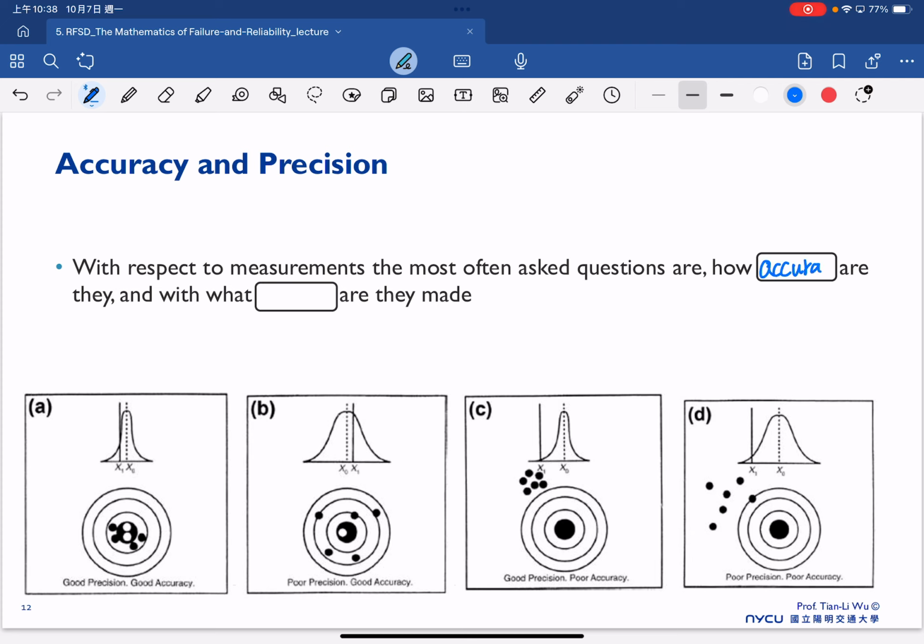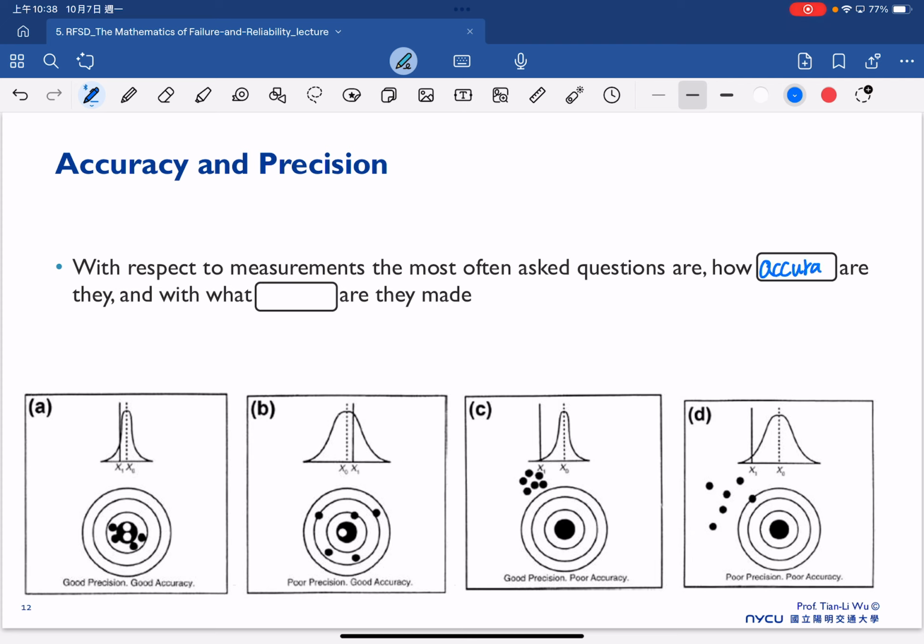So good precision is because of the smaller sigma here. But unfortunately, all the black dots are far away from the target. So that's a larger x1 minus x0.